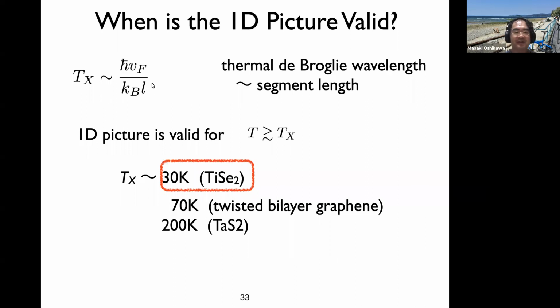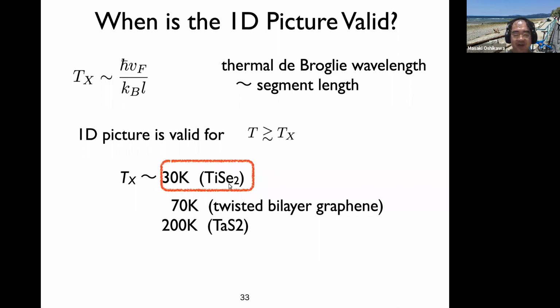This temperature gives the scale where the thermal de Broglie wavelength becomes equal to the segment length. If temperature is higher than this, you can treat the transport based on the 1D property, Tomonaga-Luttinger liquid. So we think this 1D Tomonaga-Luttinger liquid plus RG picture would be valid for temperatures above this Tx.